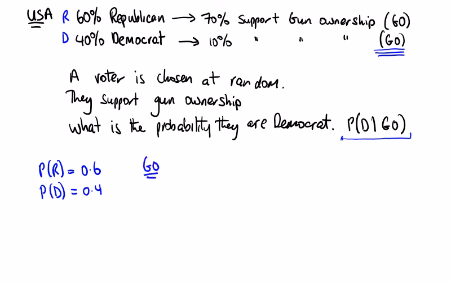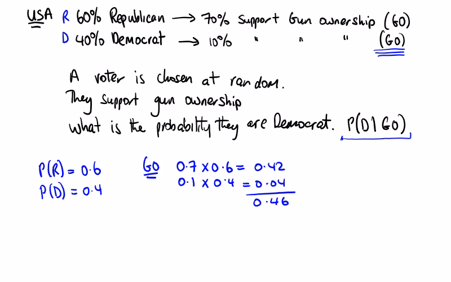Let's have a look at this. 70% of 60%, so 0.7 by 0.6. 7 sixes are 0.42. Then we have 10% of 40%, which is equal to 0.04. So 0.46 of total percentage is gun ownership.